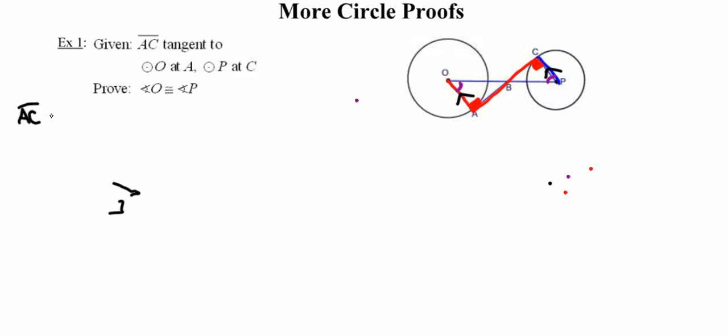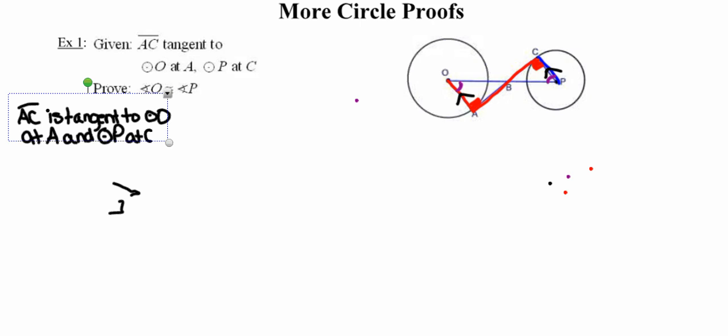Segment AC is tangent to circle O at point A and to circle P at point C. We know that's a true statement because it's given to us to be true.